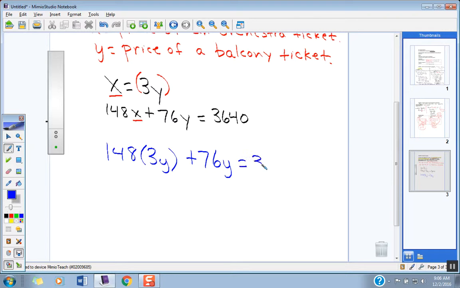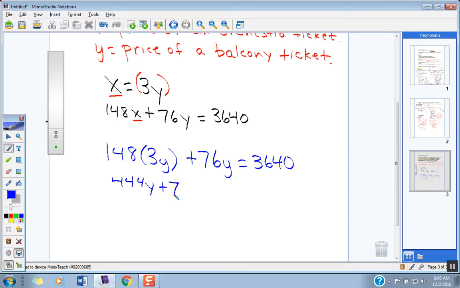That's equal to 3,640. Anybody have a calculator handy? This is where I'm going to struggle. 148 times 3y. 444y, good.